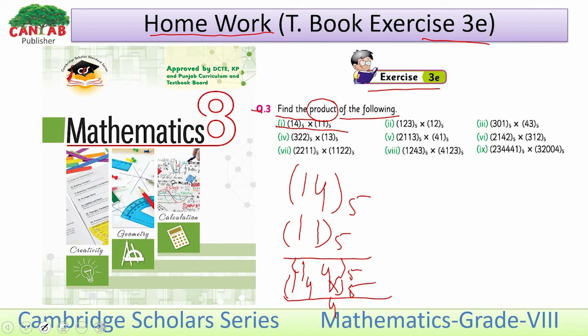So we have 4 plus 1, 5. When we divide 5 by the base number 5, ones are 5, we have 0 remainder. So we will write 0 and then carry the 1 quotient. So we have 1 plus 1, that is 2. So we have 204, that is your answer.